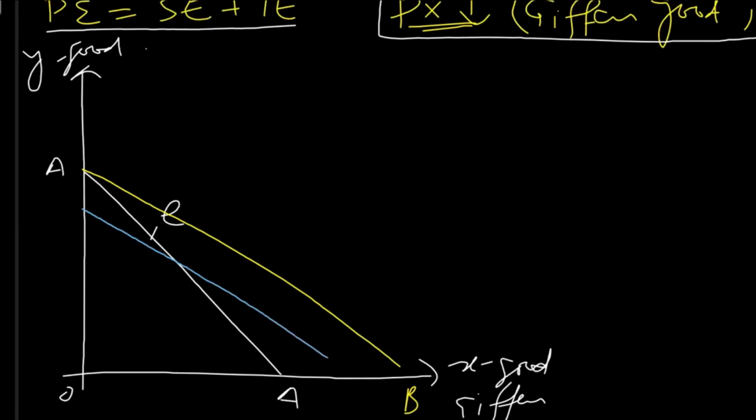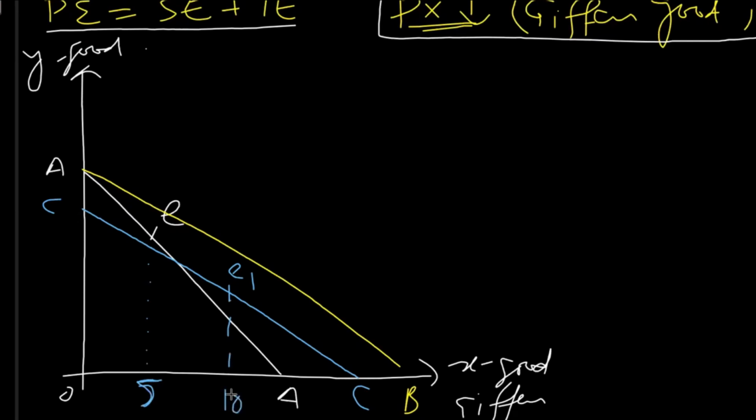This line will be parallel to line AB, and suppose this is line CC, and substitution effect will take place somewhere at point E1. So we can find out combinations. Let's say this quantity is 5, and this quantity is, let's say, 10.